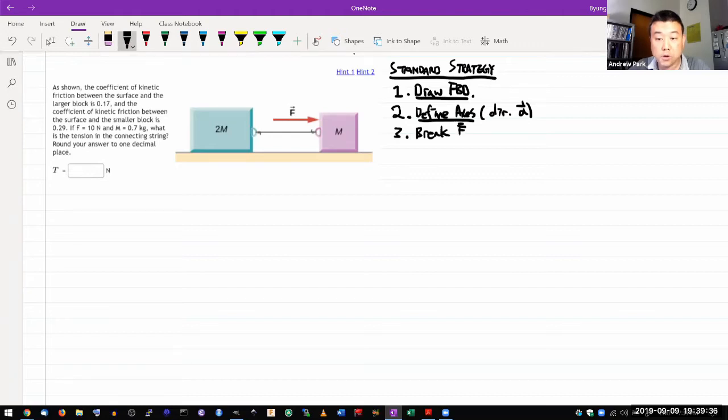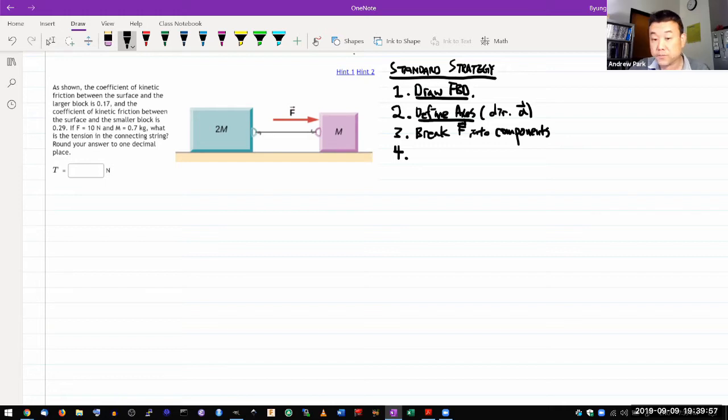And the sole reason to break forces into components is so that you will be ready to apply Newton's second law and write down the Newton's second law equations.